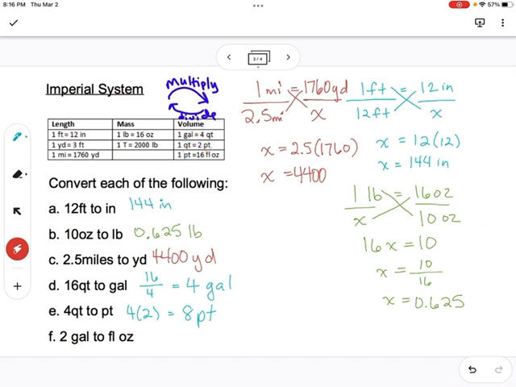What we notice is every conversion that we do, we are always going left to right, so we are multiplying every time we convert. So to go from gallons to quarts, it's going to be 2 gallons times 4. That gives us 8 quarts.